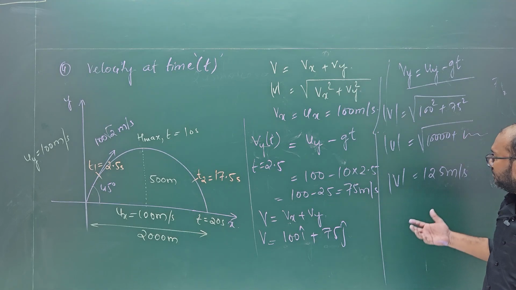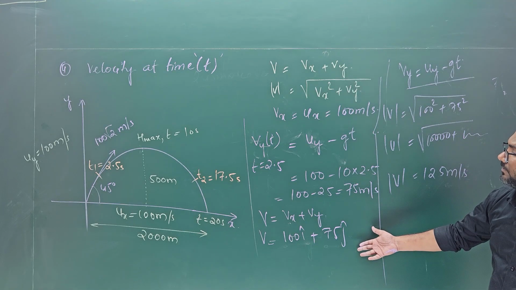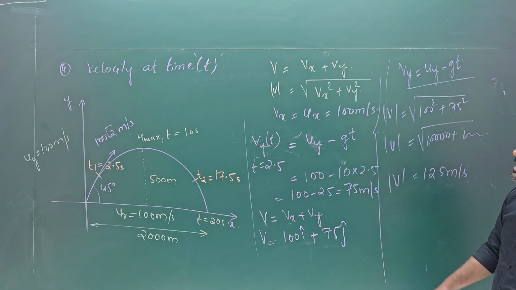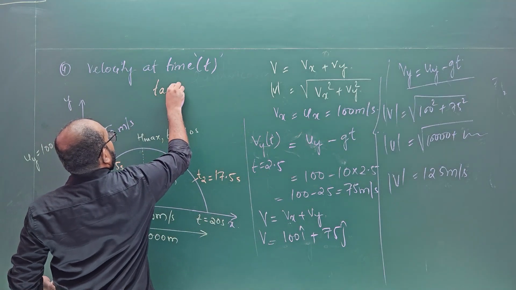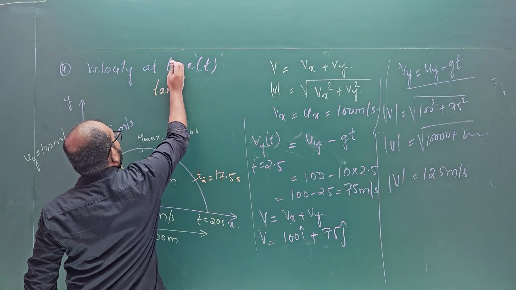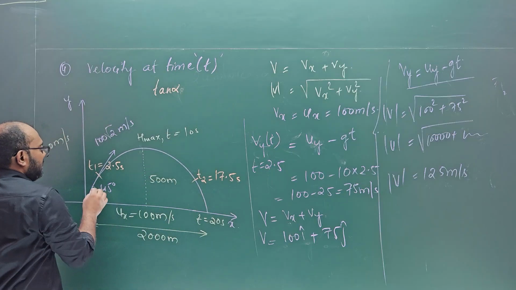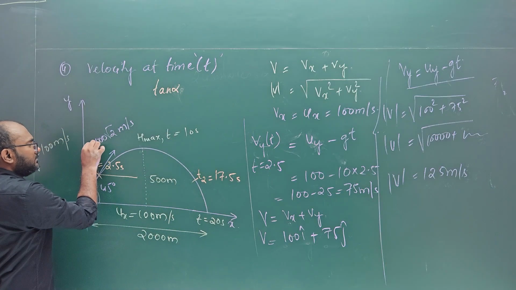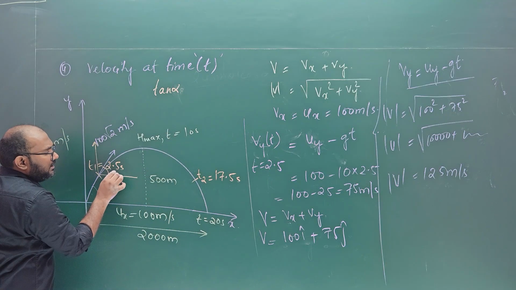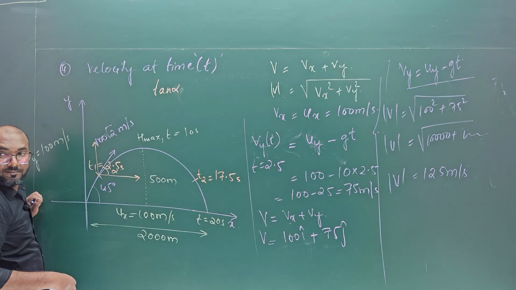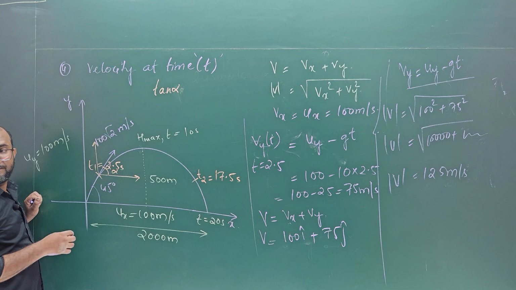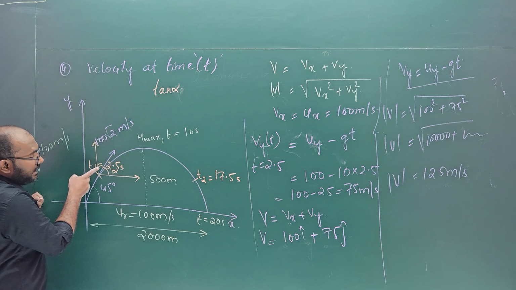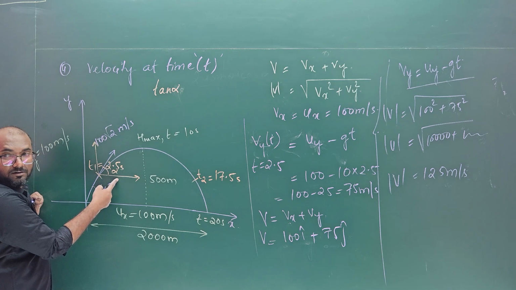Yes or no? So this is the speed, the magnitude of velocity, and we can also calculate the angle. By using what? Tan alpha is equal to what? Or tan theta. Let's say it is making an angle at this point along the horizontal. Alpha is the angle always along the horizon, the angle between the tangent and the horizon.